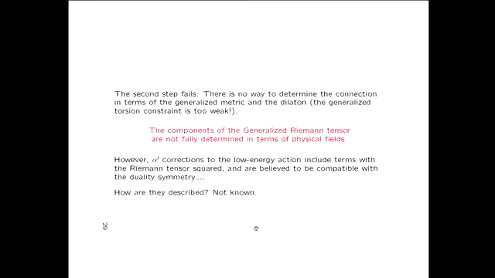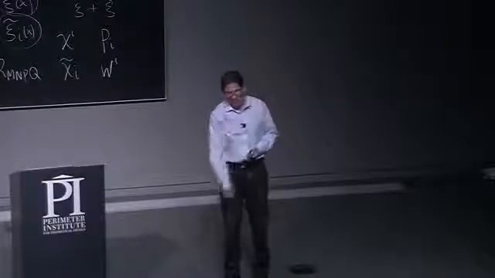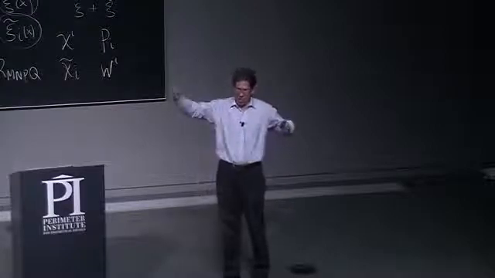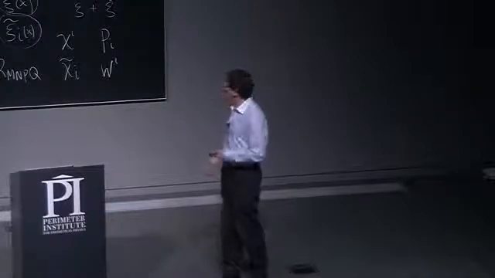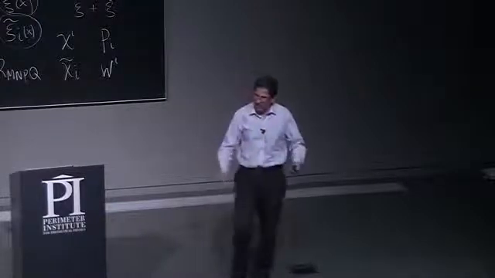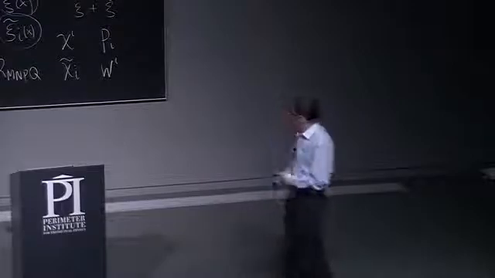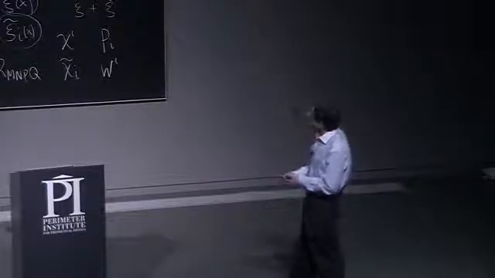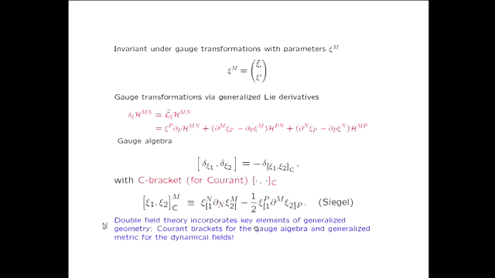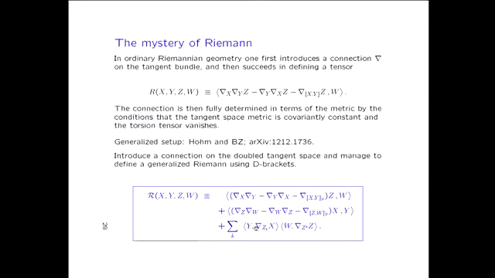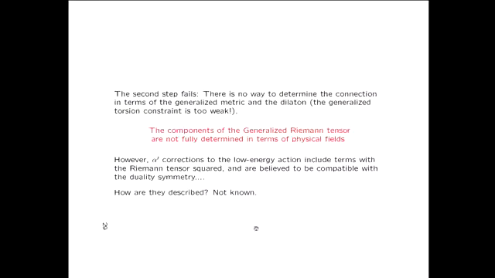When you take the trace to form Ricci, all the undetermined pieces disappear, and it's the Ricci of generalized geometry. If you take another trace, or trace in a different way more properly, you get the scalar curvature that I showed you. This scalar curvature R comes out immediately. But there's no Riemann, as far as we know.